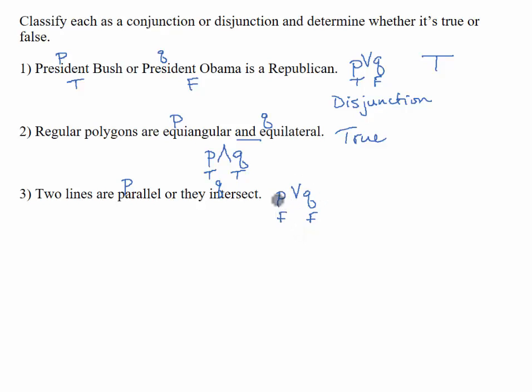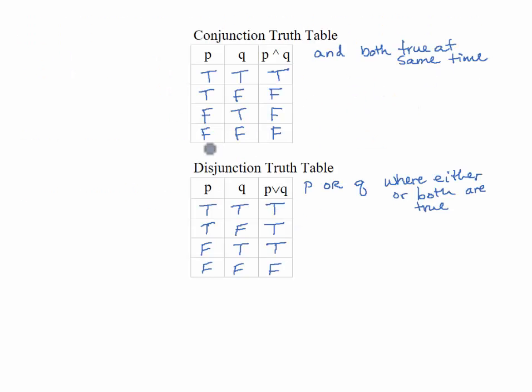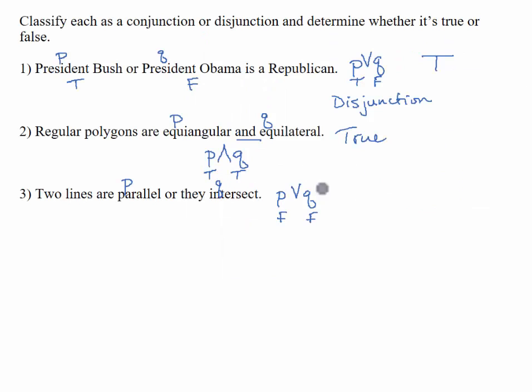So I have a disjunction here and I have false, false. So look at my disjunction table. False, false, my statement P or Q is false. So if you have this case, if we can think of an example to be contrary to this, it's called a contradiction or a counterexample is what I'm trying to say.